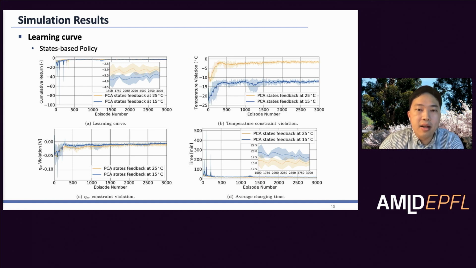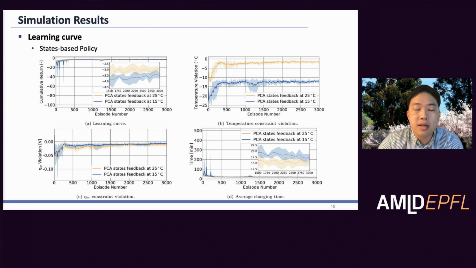The top left figure shows the cumulative return of the control policy, and you can see that after 1,000 iterations it is almost close to the maximized reward, while the temperature violation and the lithium plating violation we compute as a violation score.